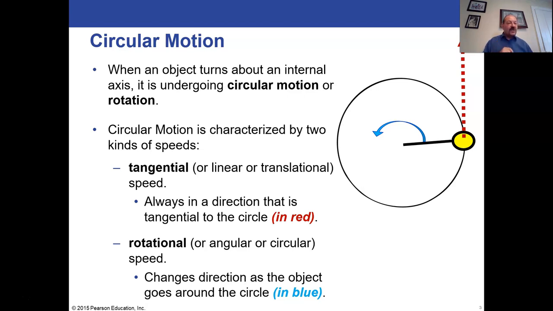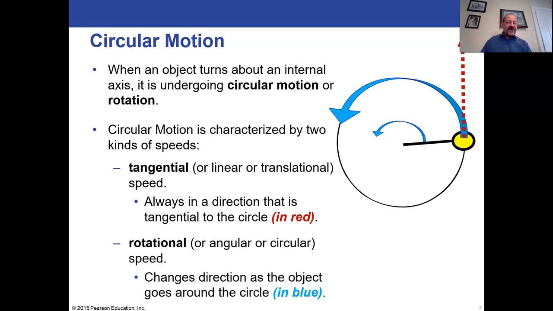They use a unit called radians. We know that there are 360 degrees in a circle, but there are 2 pi radians around a circle. We won't be using radians in this class. I just want you to be familiar with it. So they'll often do it in radians per second. If you ever take a more advanced course, you'll see that. We'll be looking at more general terms like revolutions per second or revolutions per minute, RPMs, that sort of thing.